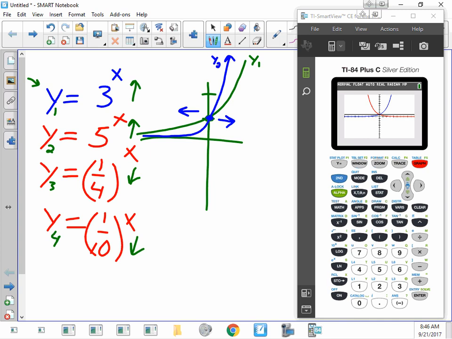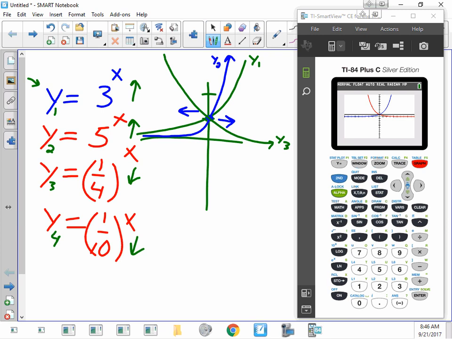Okay. What about y3? What's happening in y3? Is it going up or down? Down. So we're going to start up high, and this will be y3.